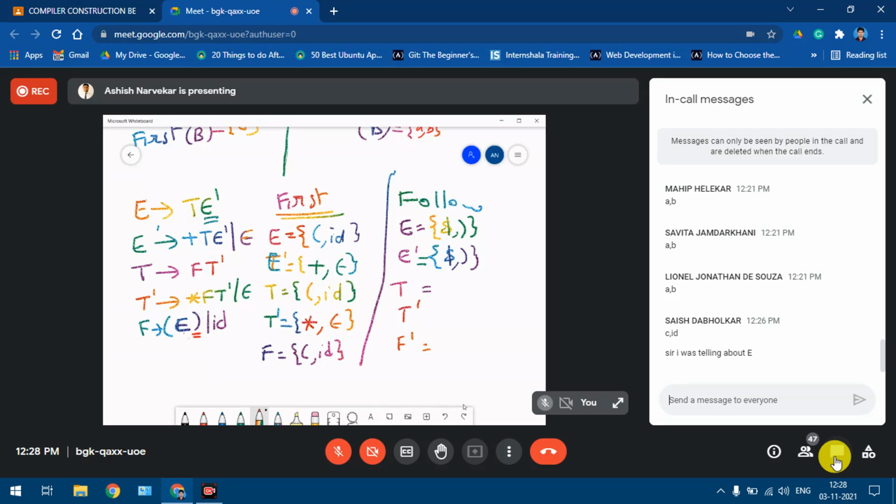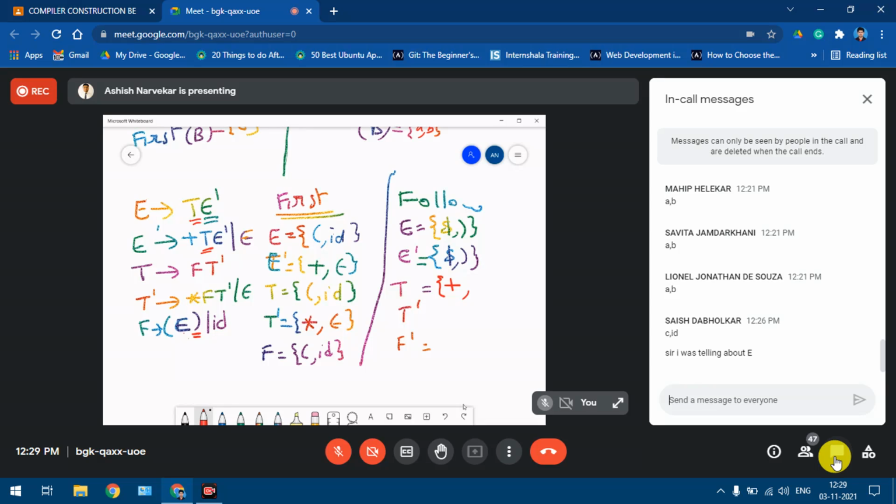where T appears. T appears in the first production and T appears in the second production as well. So the follow of T based on the first production will be equal to first of E dash. First of E dash is equal to plus and epsilon, right?